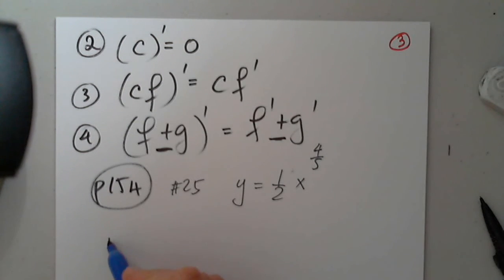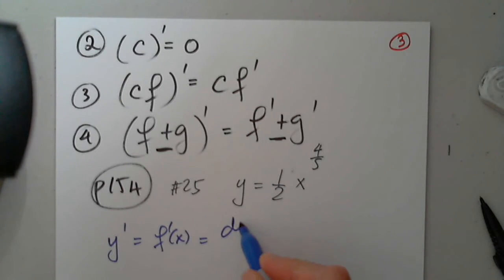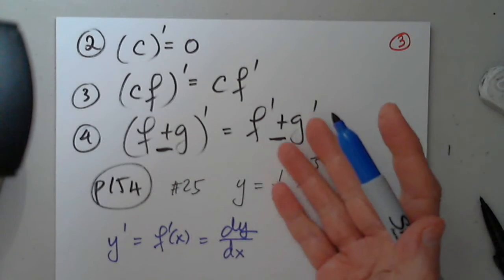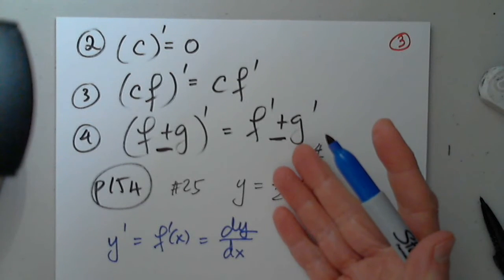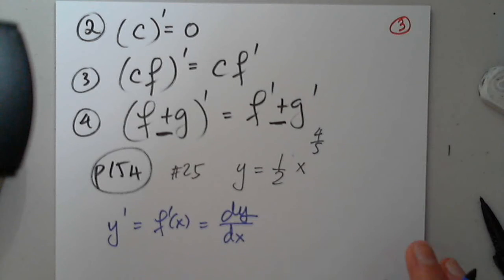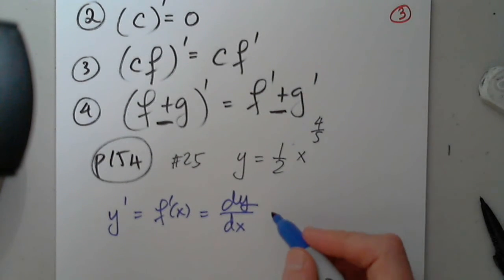So I can write y prime, f prime of x, or dy over dx. All these mean the same thing, the derivative of this function. It's a function that gives the instantaneous rate of change at any point where the function is differentiable. It doesn't have a corner, a jump, vertical tangent, etc.